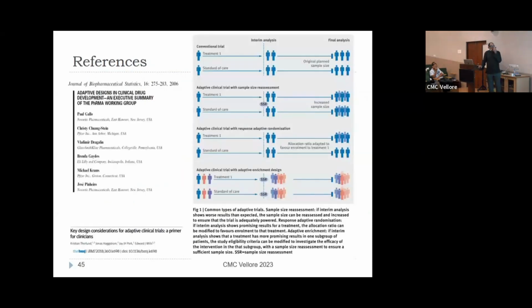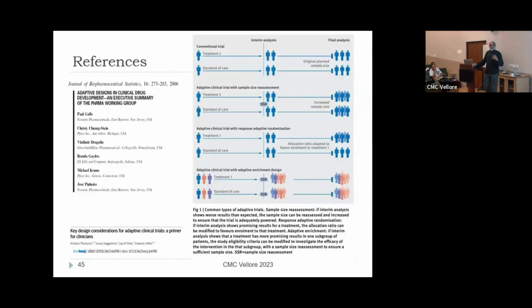So this is a good journal issue. In 2006, there was a pharma working group in the United States, because pharma was very much interested in adaptive designs, and they convened a group to discuss how to do adaptive designs.